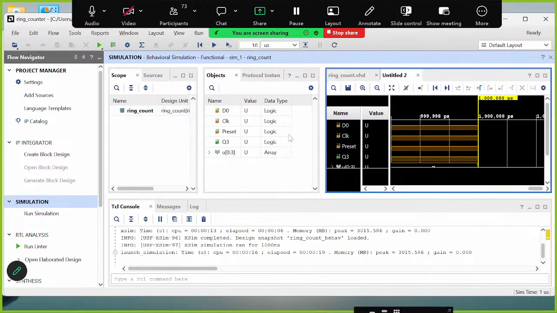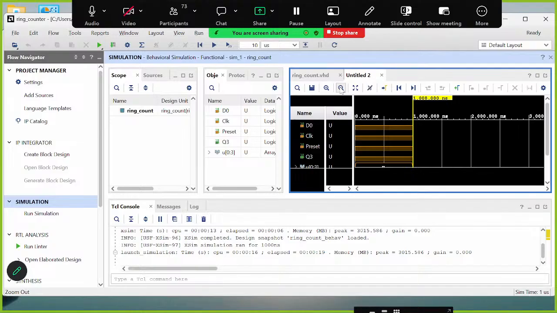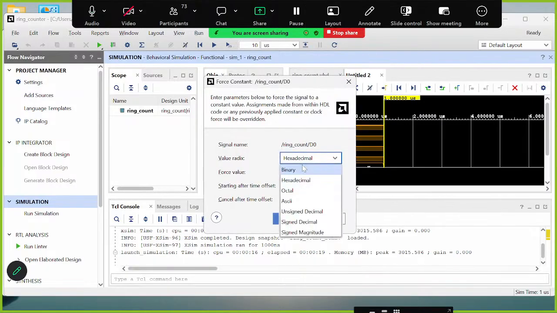Right, so what we'll do first of all is force a constant value: we'll pass the value 1 to D naught so that it starts with this.